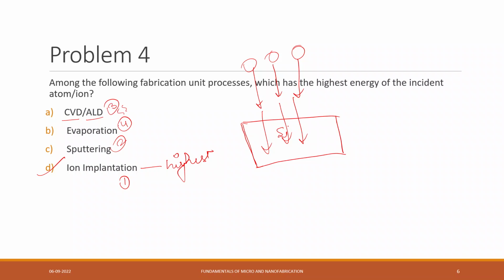These are similar processes, and the energy ranges are mostly similar. But essentially the order would be ion implantation, sputtering, and then evaporation, and CVD and ALD would be very close. I'm not able to recall how they are different. So that's the case.